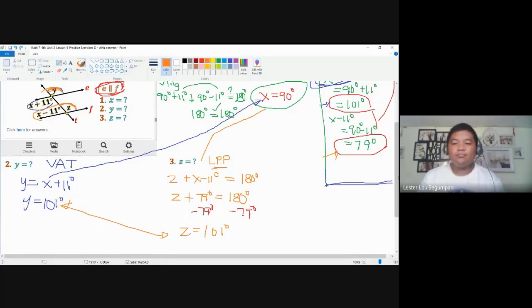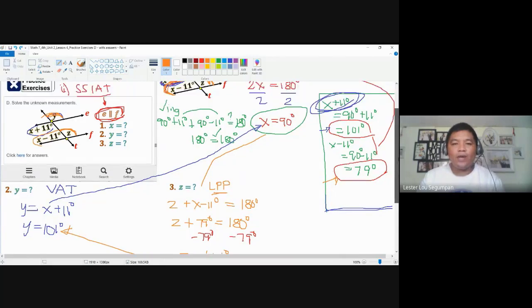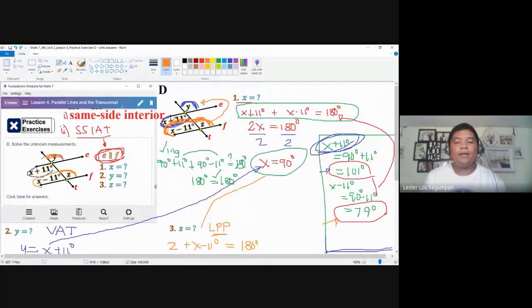This is what happens when two angles are forming a pair of same side interior angles. Again, this is made possible by the claim that the lines cut by the transversal line are parallel lines. So please look for other references and other examples, or you may contact me if you have problems, and you could practice more on these types of problems.